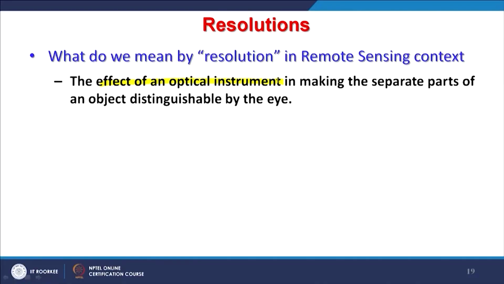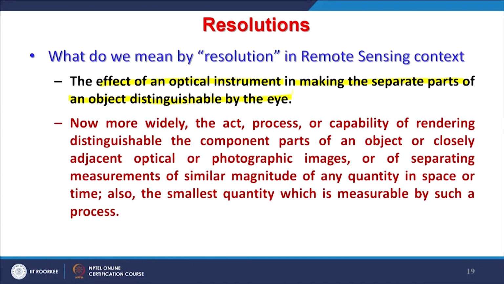Further, as we are discussing in the context of remote sensing, because 4 very well established techniques of generating digital elevation models are remote sensing based, it is worth discussing the effect of an optical instrument, such as stereo pair data, which makes separate parts of an object distinguishable by the eye. That will depend on your spatial resolution.